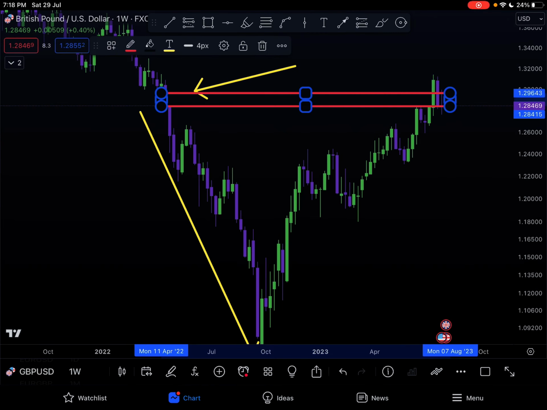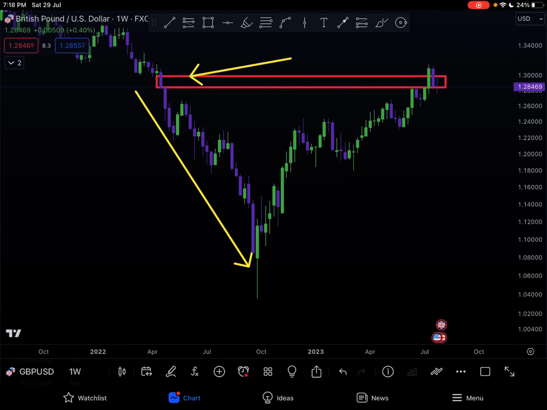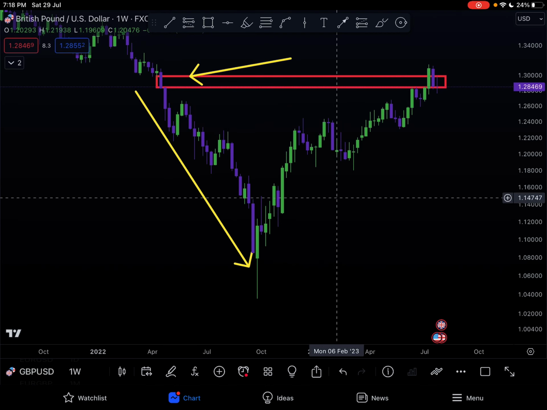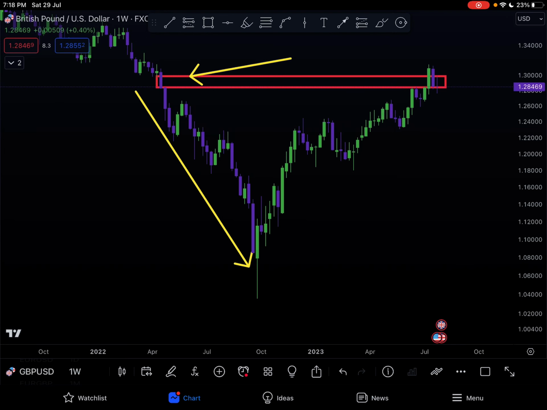You have to understand that when price is now bullish, whatever made it come from down here back up, that's different. But when this is headed back upwards, if you see an untagged fair value gap on a higher time frame, 11 times out of 10, it's aiming for that. I guarantee you. I guarantee you.